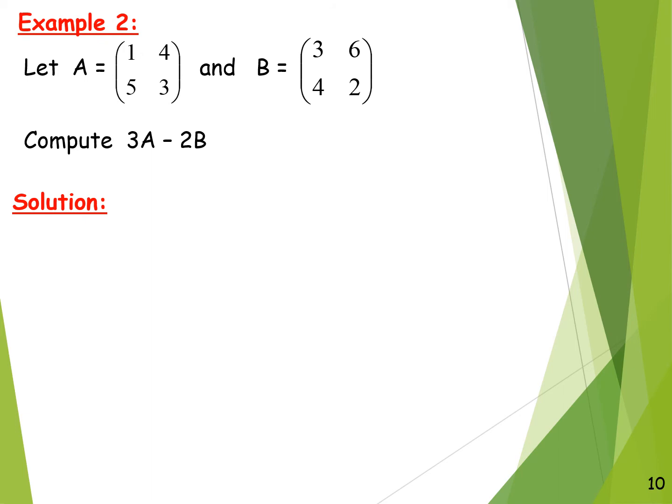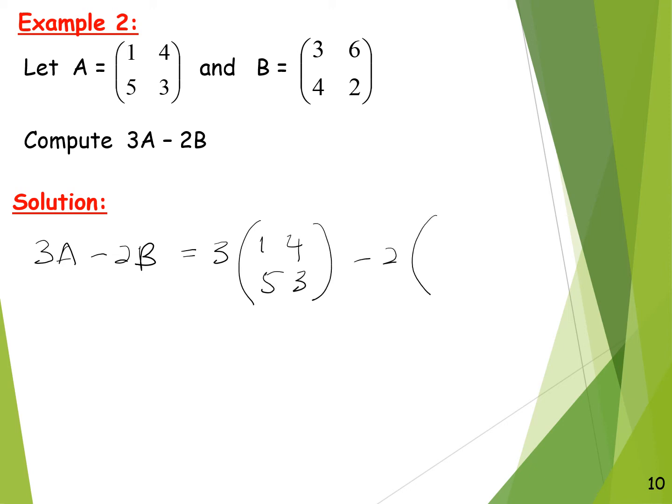Example 2. Let A be 1, 4, 5, 3 and B be 3, 6, 4, 2. Compute 3A minus 2B. So 3A minus 2B is equal to 3 times the matrix 1, 4, 5, 3 minus 2 times the matrix 3, 6, 4, 2.